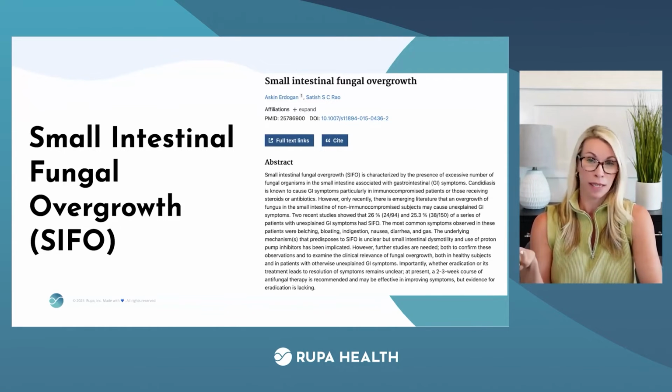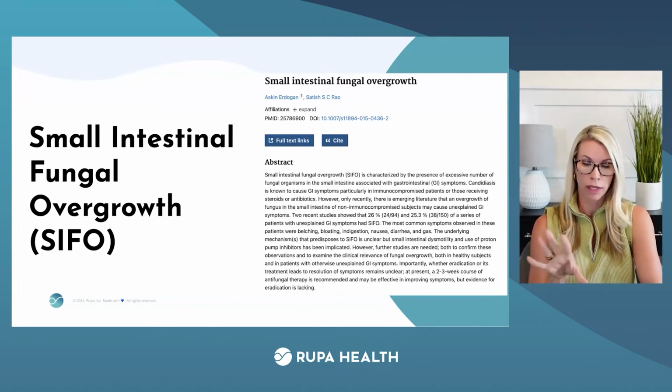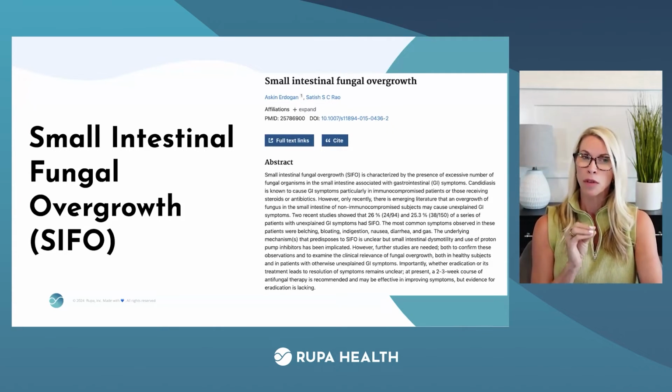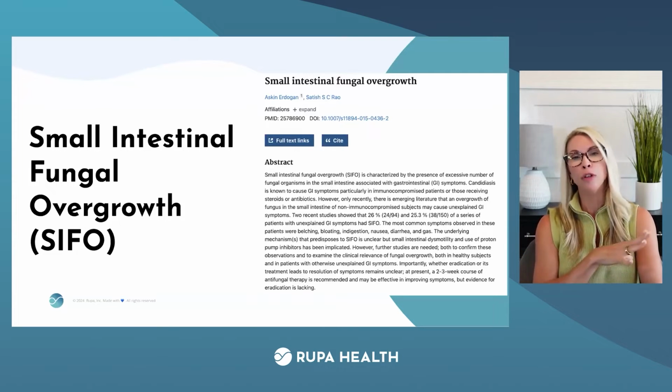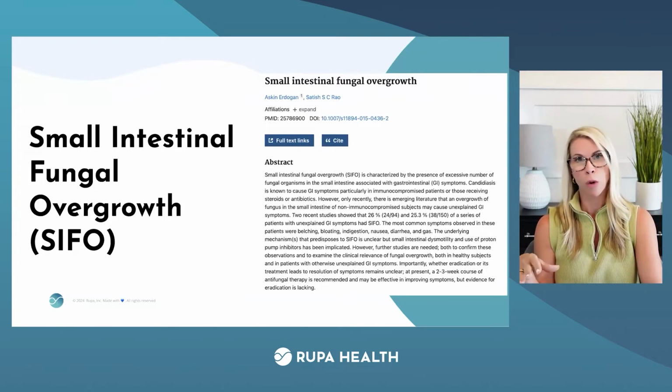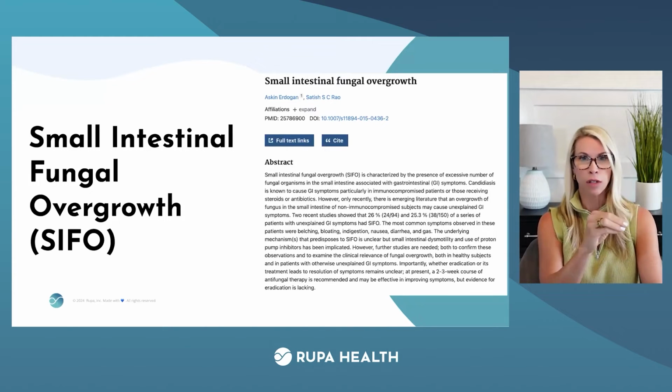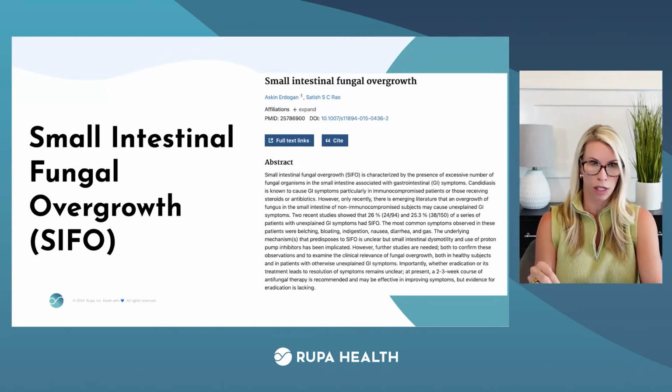Not just yeast, but bacteria as well, of course, but certainly yeast. Remember that our stomach acid is antimicrobial, right? It's a protective thing that we have to prevent overgrowth. But then also our food doesn't digest as readily, so motility is slower moving through the digestive tract, including the small intestine. And then we can get this overgrowth.